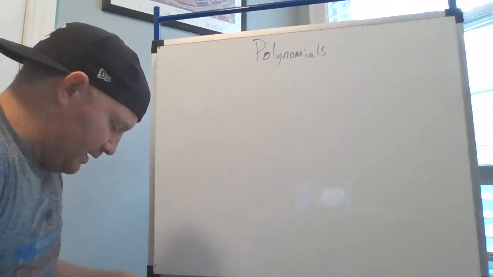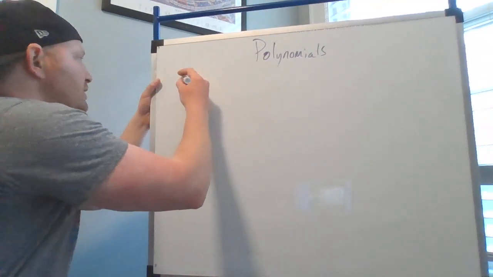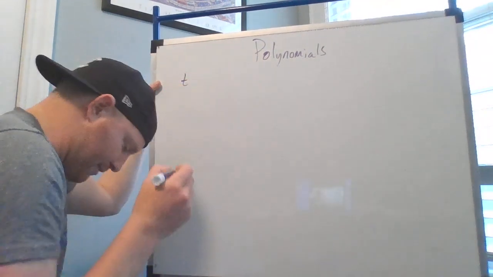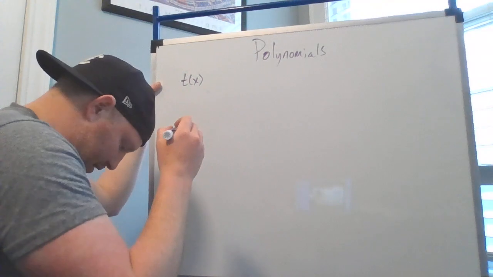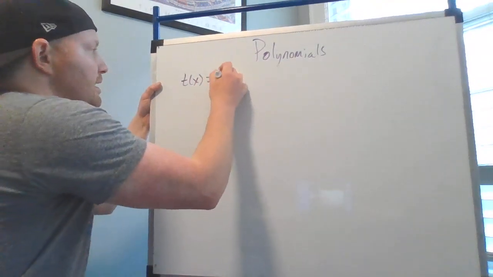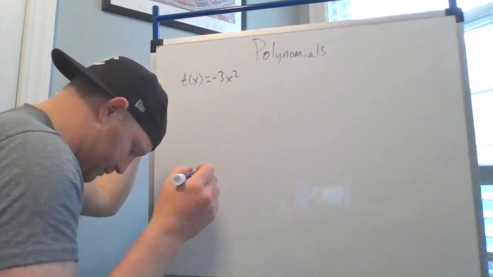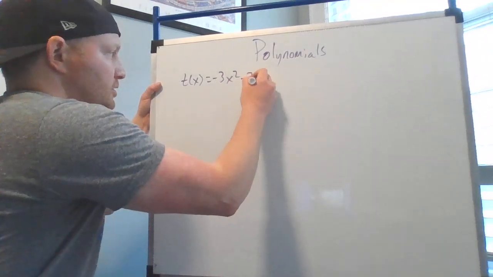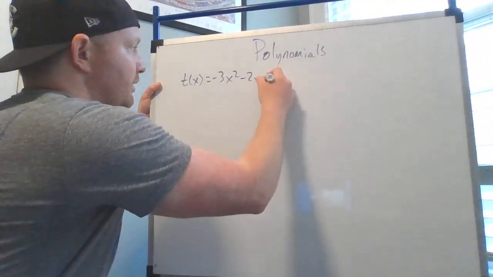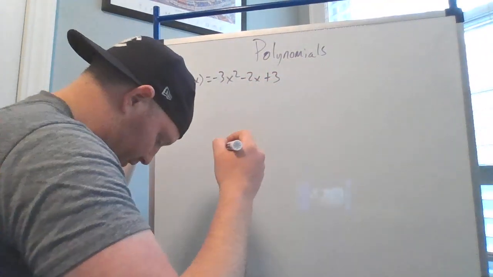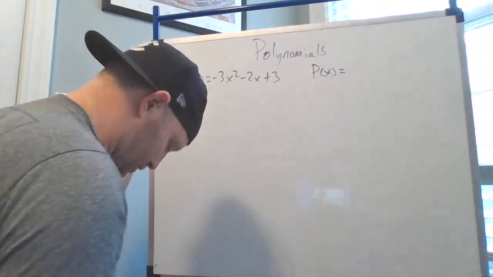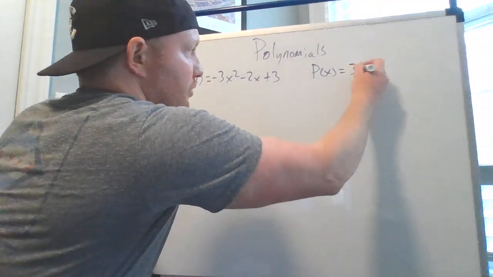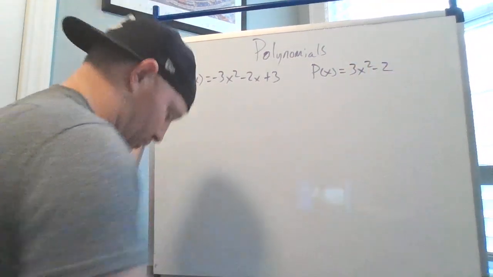So, you're going to see some stuff today, and we've touched on this briefly with compound functions. Alright, so I got t of x equals negative 3x squared minus 2x plus 3. That's my one function. My other function is going to be p of x equals 3x squared minus 2.